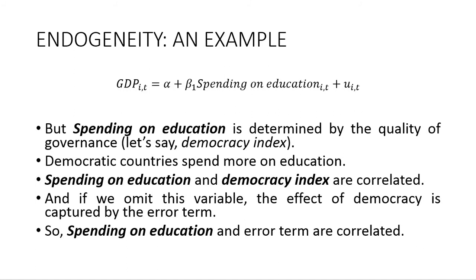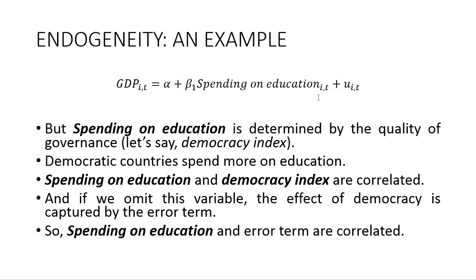So that's why it makes sense. And that's why we know that spending on education and democracy index are correlated. However, because we omit this variable, the effect of democracy will be hidden in the error term. It will be here.